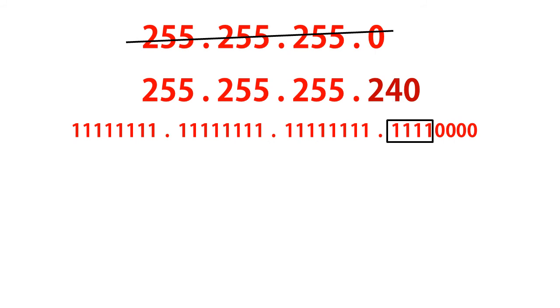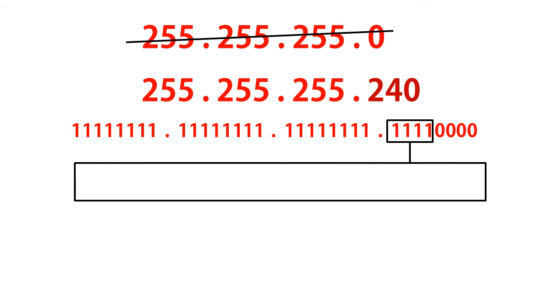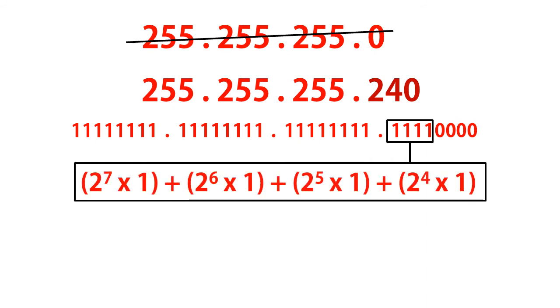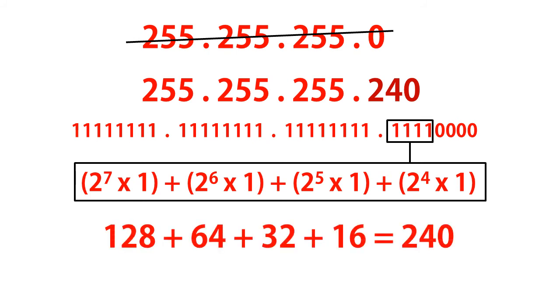We can see how it is calculated. The calculation will start from the left side. 2 to the power 7 into 1 plus 2 to the power 6 into 1 plus 2 to the power 5 into 1 plus 2 to the power 4 into 1. Therefore, 128 plus 64 plus 32 plus 16 equals 240.